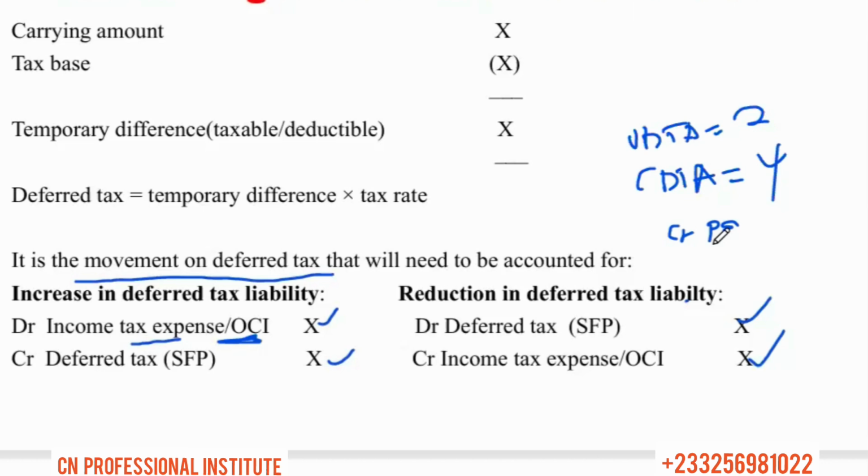If asset reduces, it's an expense, so we have to add it to the income tax expense. In that case, we will debit P&L or OCI and credit the deferred tax asset. So we add it to the income tax expense by debiting the income tax expense, right?